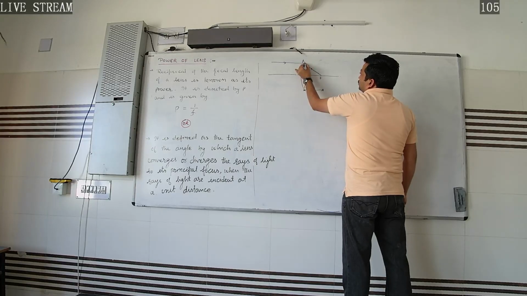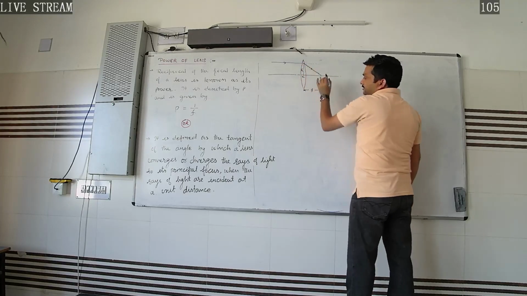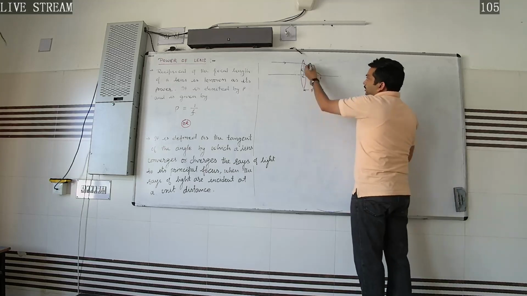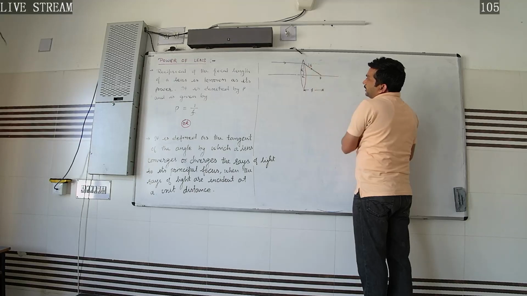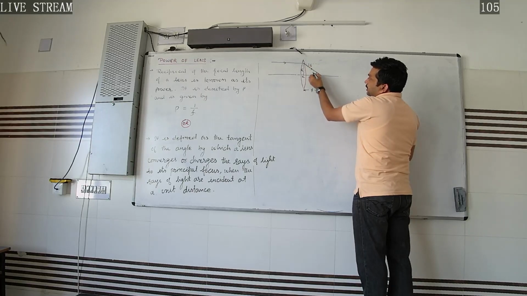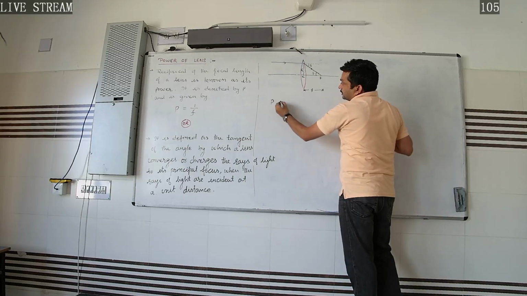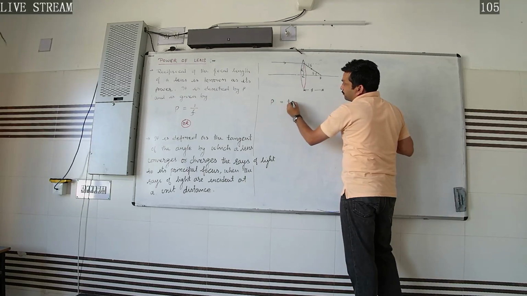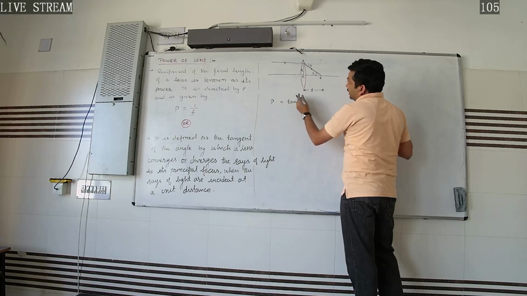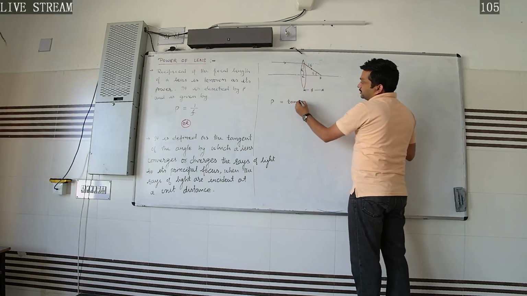Then how much this ray of light has got deviated, or converged? This angle is delta and this angle is also delta. So here we can write power of lens is equal to tangent of the angle by which the ray of light converges or diverges.